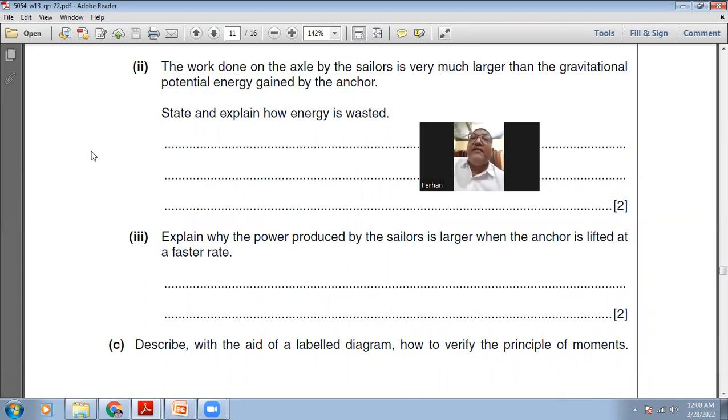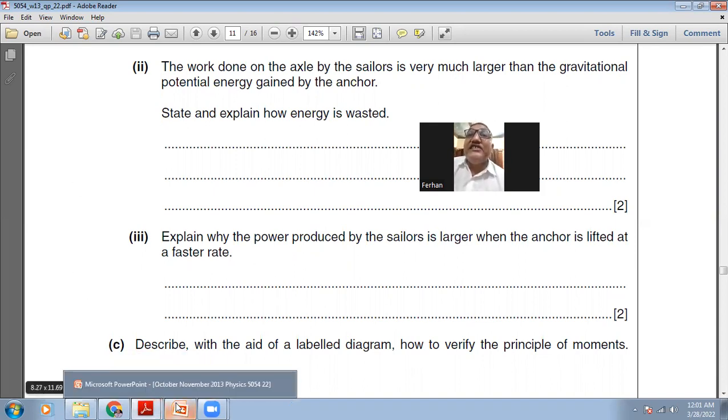We have only calculated that the anchor is lifted upward, but the chain which is connected with the anchor is also very heavy. They are also lifting up the chain. So we have not considered here the weight of the chain. They have to lift the weight of the chain also. So there the energy is wasted.